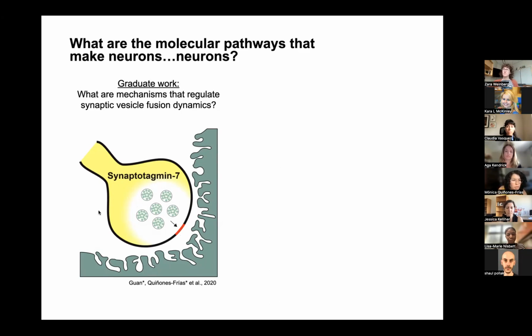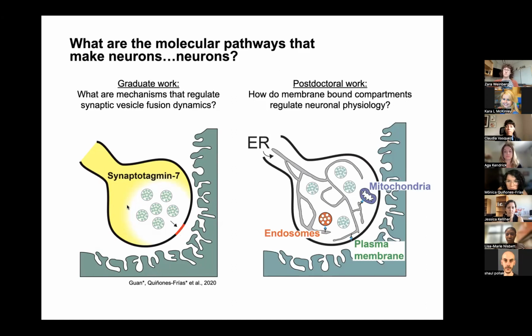This was really interesting to me because it made me curious about how other organelles at synapses could contribute indirectly to neurotransmission. So for my postdoctoral work, I decided to explore how membrane-bound compartments, in particular the ER, regulate neuronal physiology.